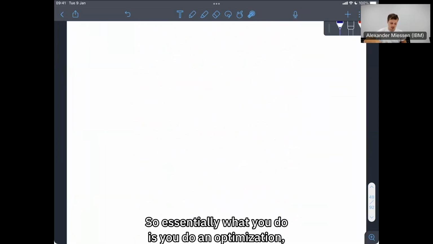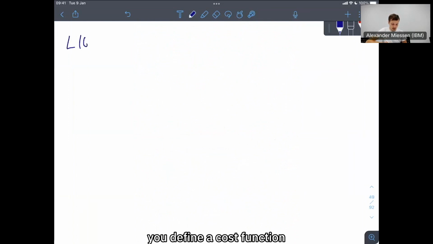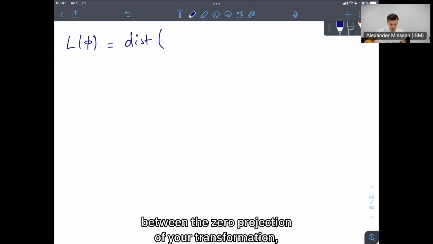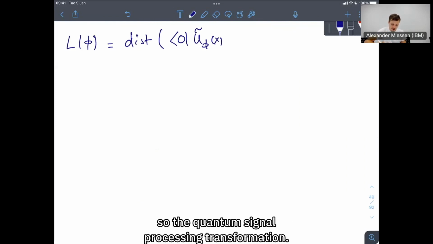So essentially what you do is an optimization: you define a cost function where you want to minimize the distance between this zero projection of your transformation, the quantum signal processing transformation.